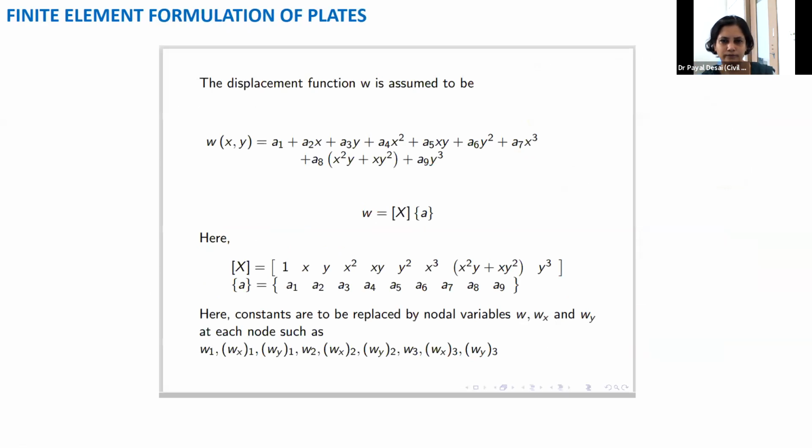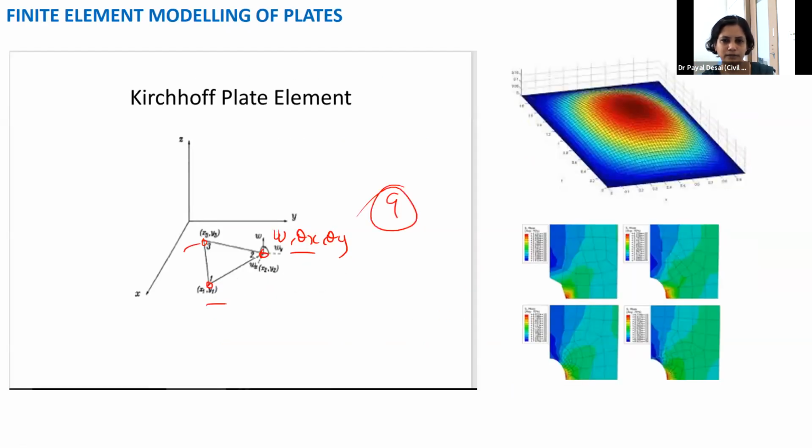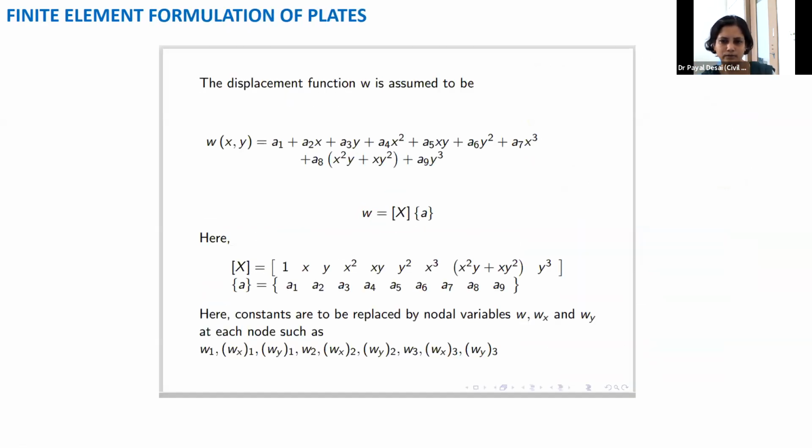This is a polynomial function of 9 terms, because of 9 displacement degrees, and then you may formulate the coefficients, you may find the shape functions, you may derive the shape functions. It is just like, this is your displacement function, this is your shape function. You may find out these coefficients, and this is your polynomial.